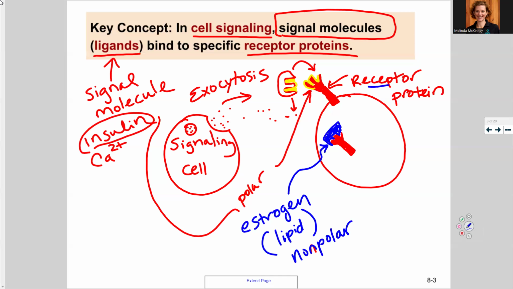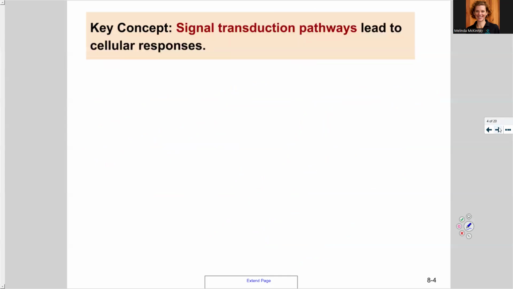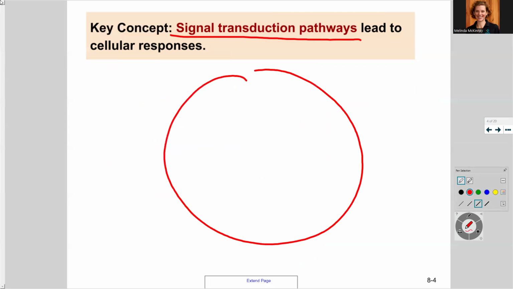Once the receptor protein receives the signal, it can initiate an intracellular response. When that response occurs, that is going to initiate a signal transduction pathway. So basically, you've got your cell, and say we've got a receptor out here. I'm just going to make it simple. There's my receptor, and I had a ligand which bound to it. Remember, the ligand is just the name of the signaling molecule.